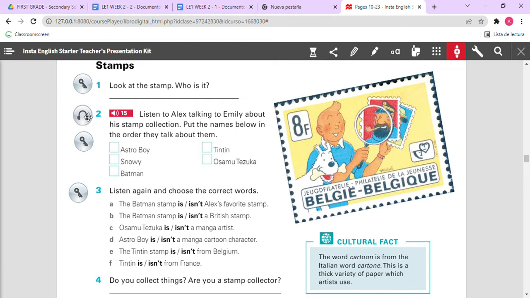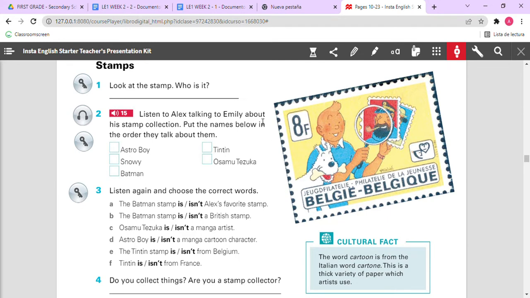Remember, the characters are Astro Boy, Snowy, Batman, Tintin, and Osamu Tezuka. You can listen to the audio many times so you can get the answer. There is no problem. Now let's continue with number 3.